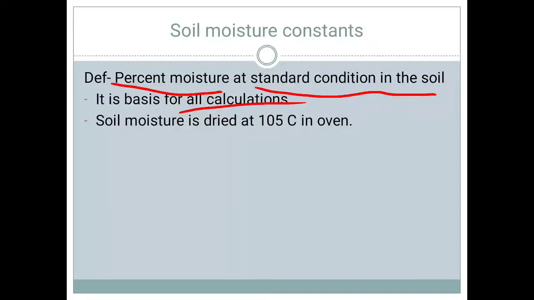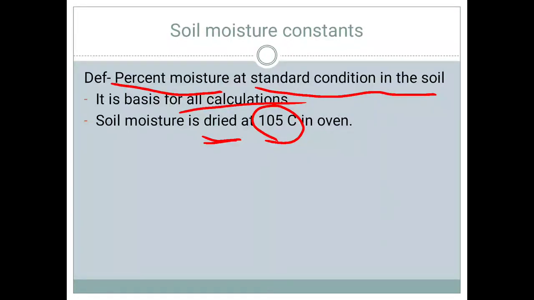And when we calculate the soil moisture, we dry the soil in the oven at 105 degrees Celsius temperature. So we determine the percent moisture by drying the soil at 105 degrees Celsius in the oven, and based on that, we calculate the soil moisture constants.